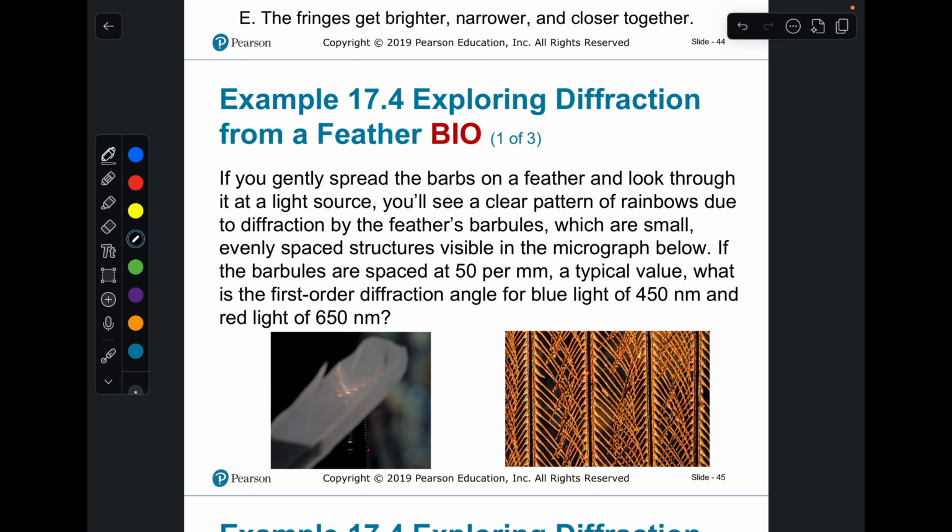What we know is if the barbules are spaced at 50 per millimeter, what is the first order, m equals 1, diffraction angle, theta 1, for blue light and for red light?